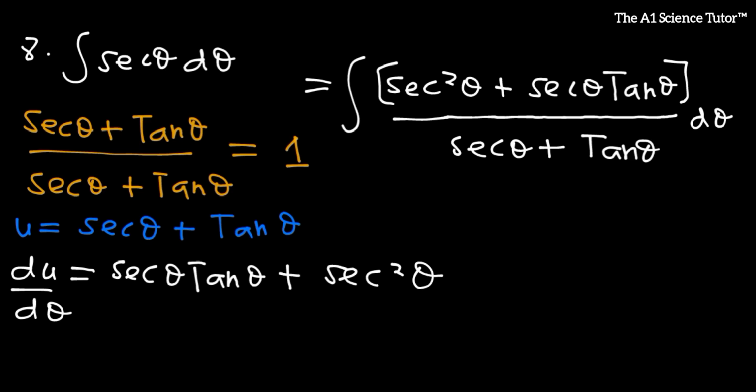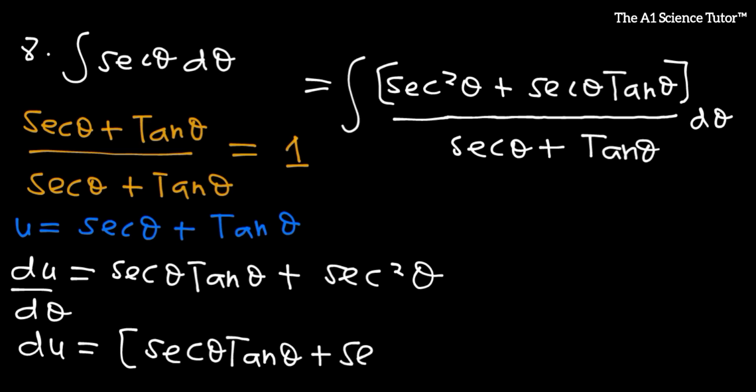Now I can take d theta and multiply with this form. So that will give me du that is equal to secant theta tan theta plus secant squared theta multiplied by d theta.